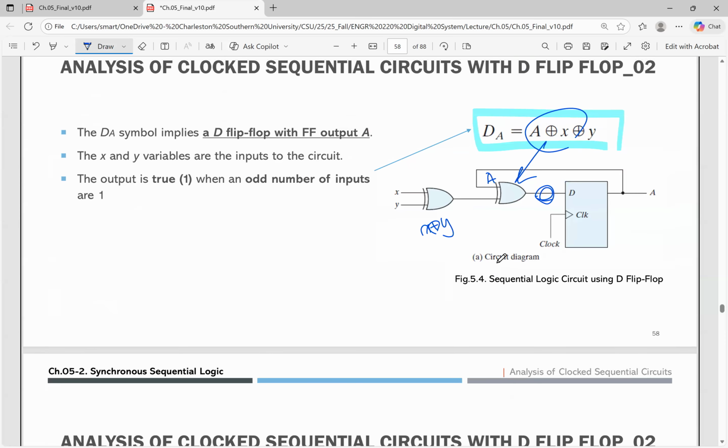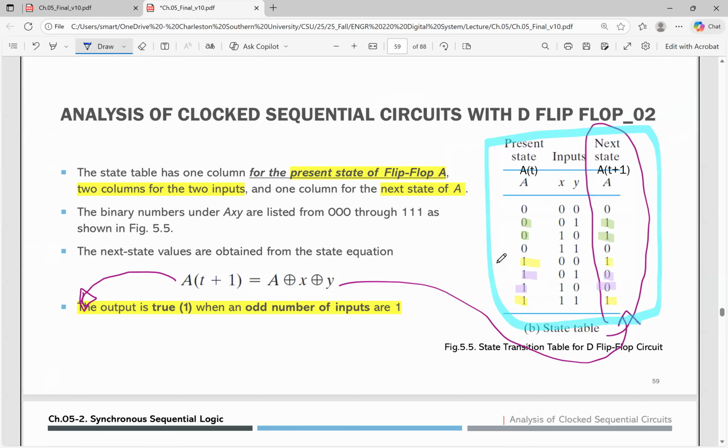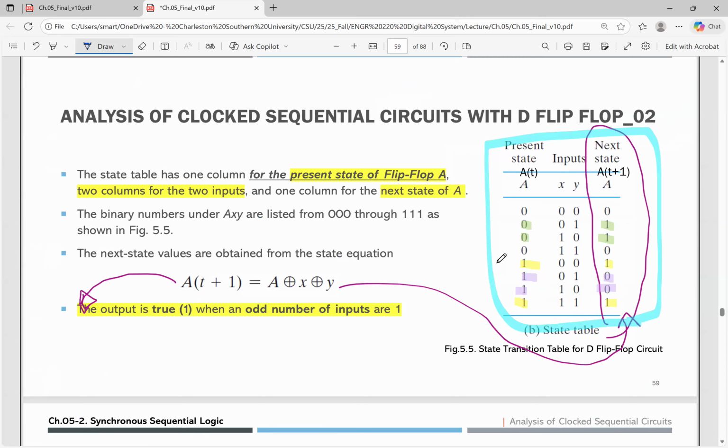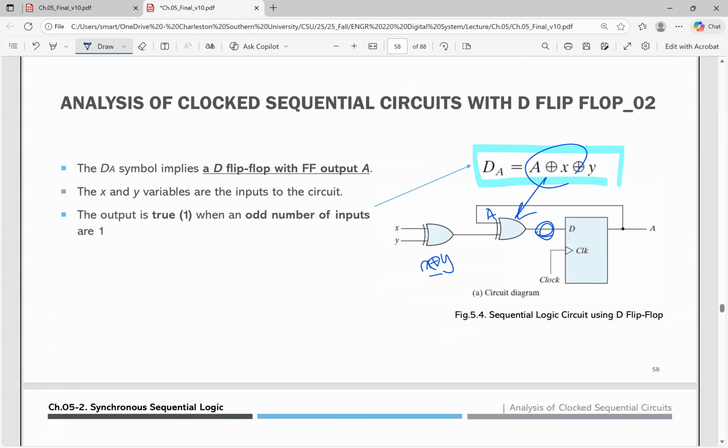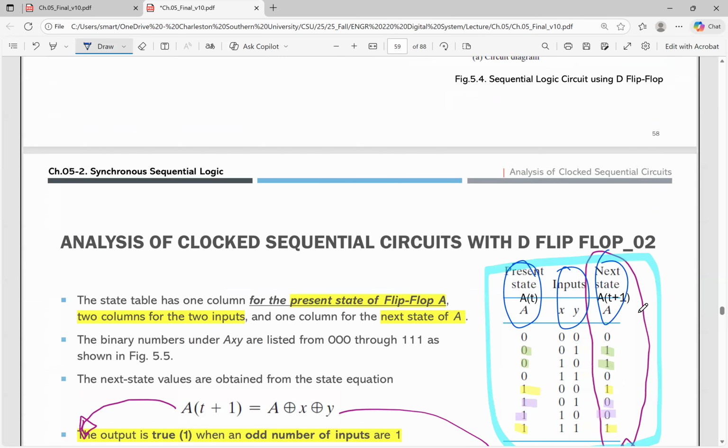We can make it, it's like the characteristic equation from the circuit diagram. So this is the present state, input, next state. Okay, the input and present state give the next state.